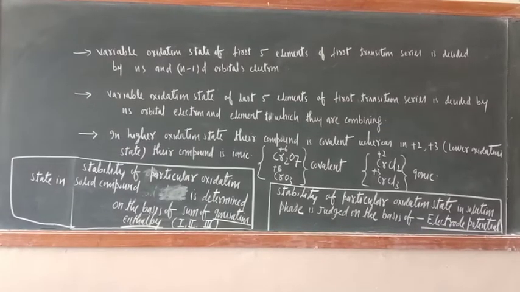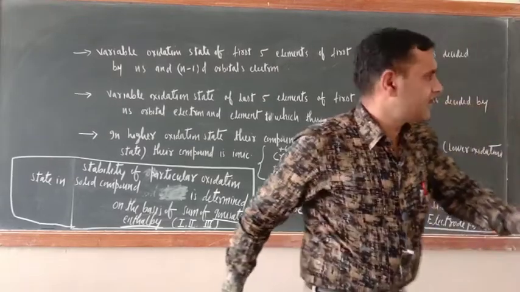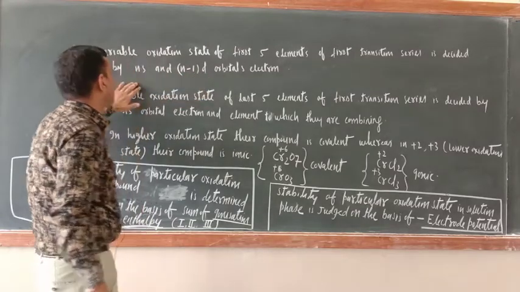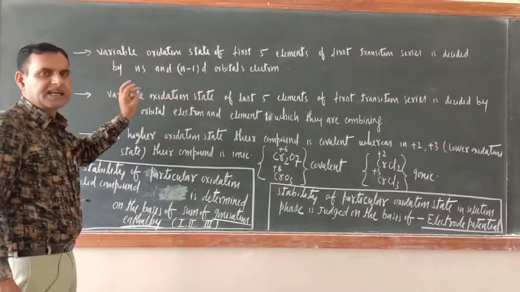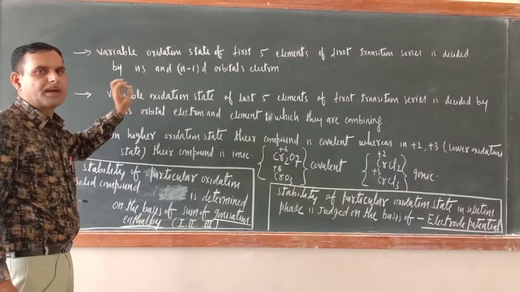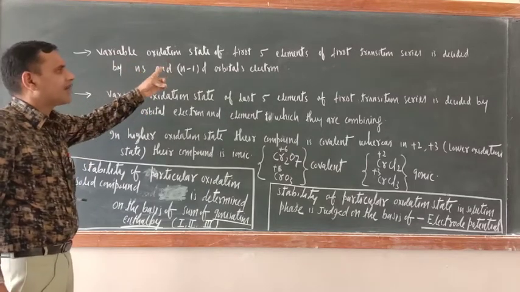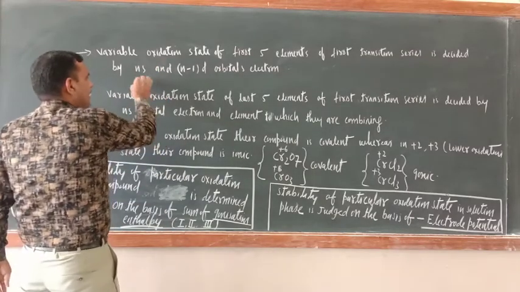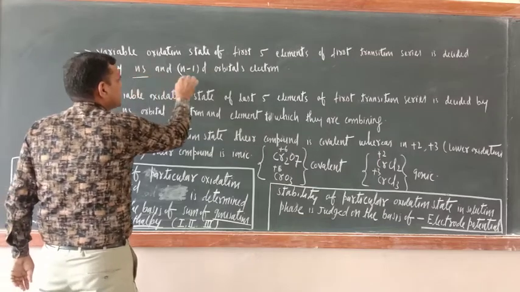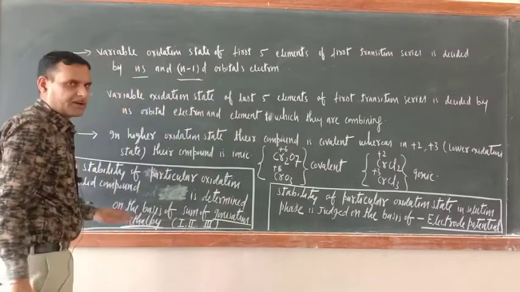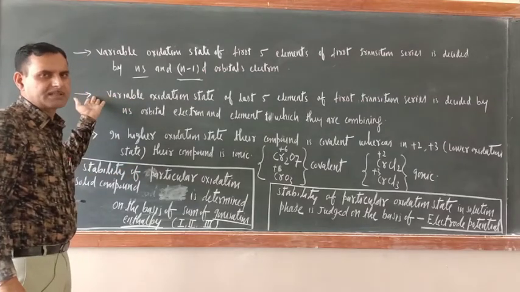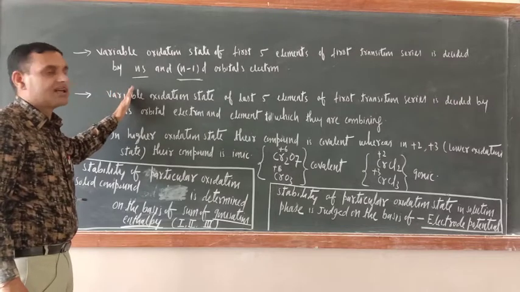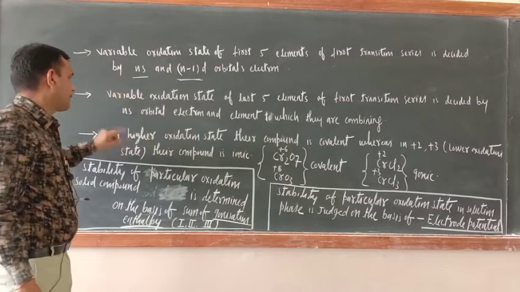The variable oxidation state of the first 5 elements of the first transition series is decided by ns and (n-1)d orbital electrons. So what are the first 5 elements? Scandium, titanium, vanadium, chromium and manganese. Their variable oxidation state is determined on the basis of the number of electrons taking part from the ns and (n-1)d orbitals. As explained in the previous example, they can exhibit variable oxidation state when ns and (n-1)d electrons take part.